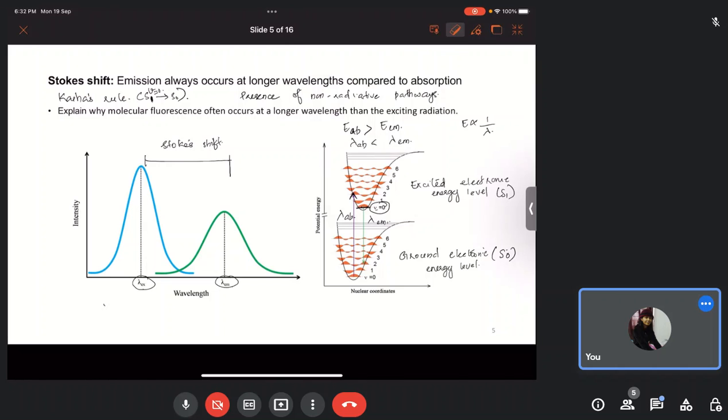The basis of Kasha's rule is the presence of non-radiative pathways.